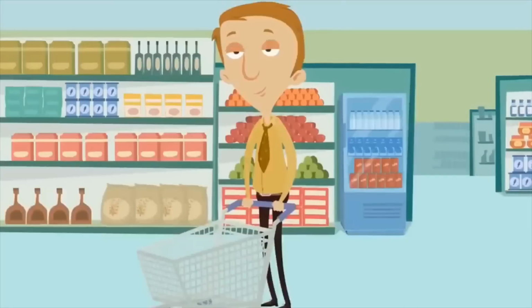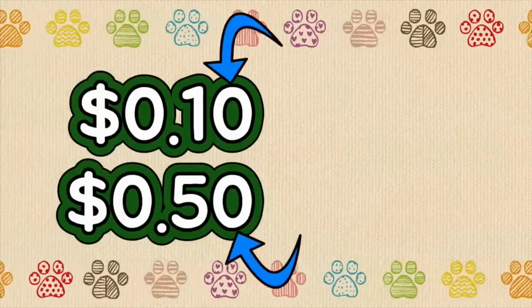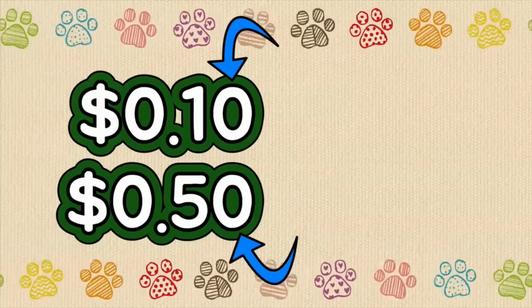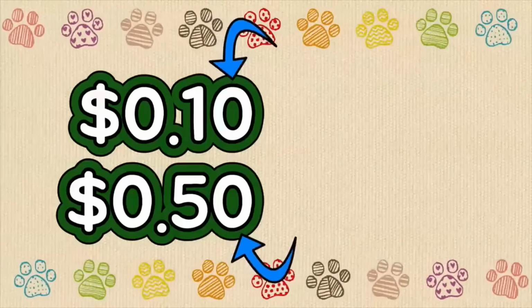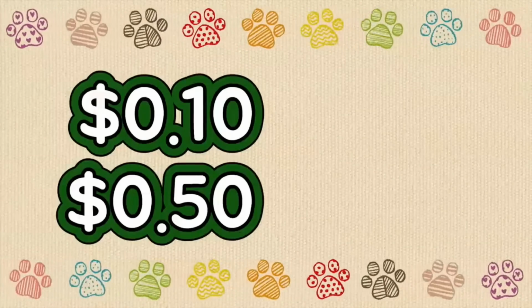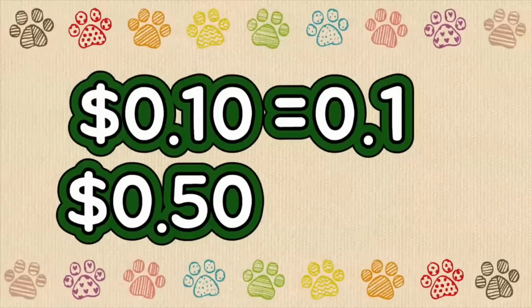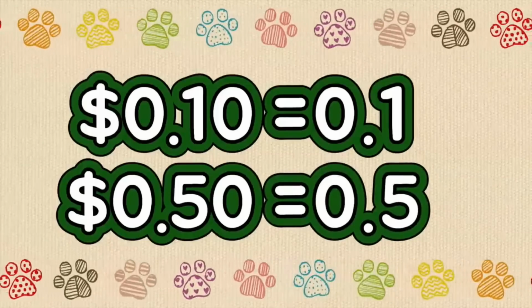While he looks for dog food, notice when we talk about cents, we have this extra 0 here, okay? 10 cents and 50 cents both have these extra zeros. But 0.10 and 0.1 have the same value, just like 0.50 and 0.5 have the same value.